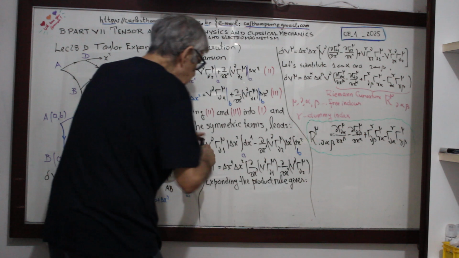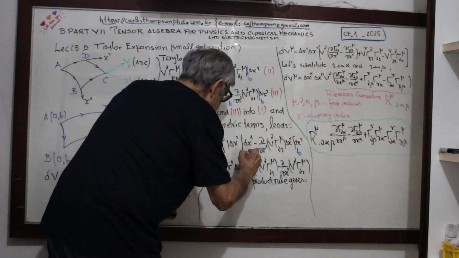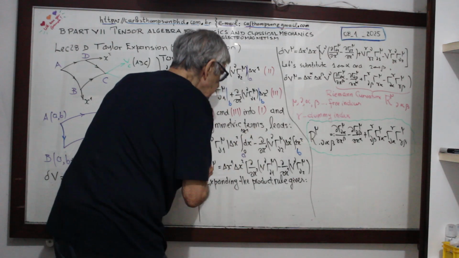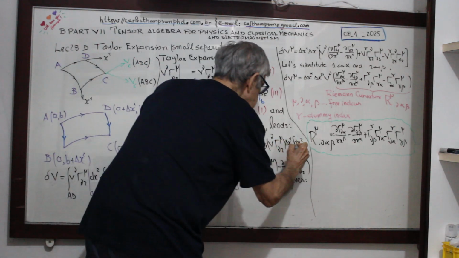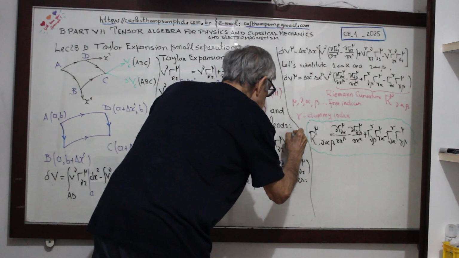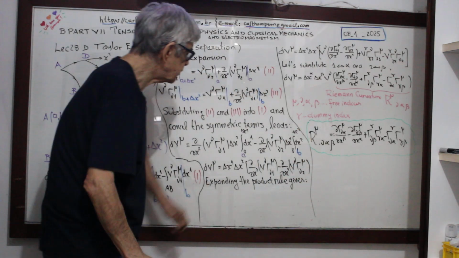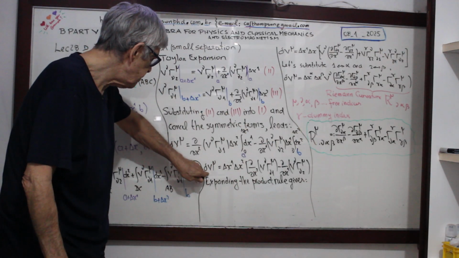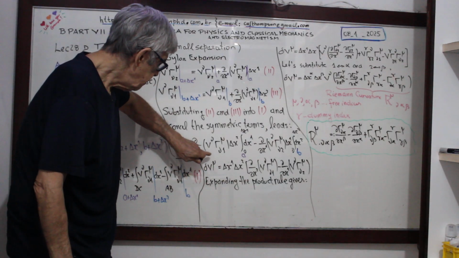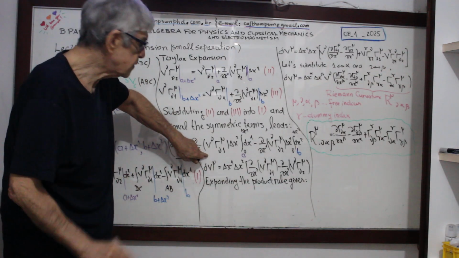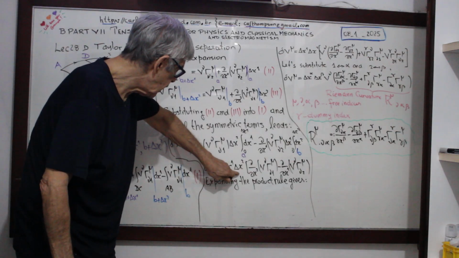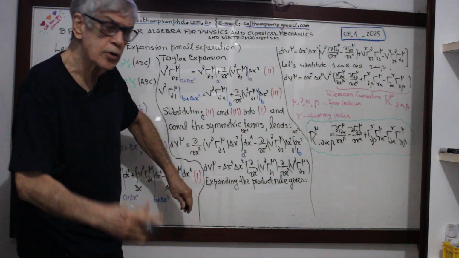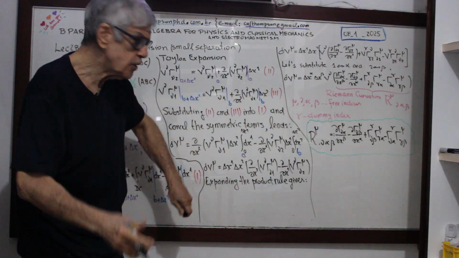I think it's better if I change like this, from 0 to delta x1. Likewise, this from 0 to delta x2. I integrate this. So this leads to delta v mu. Mu here is a free index. Delta x1, delta x2, that multiply the remaining terms after cancellation.